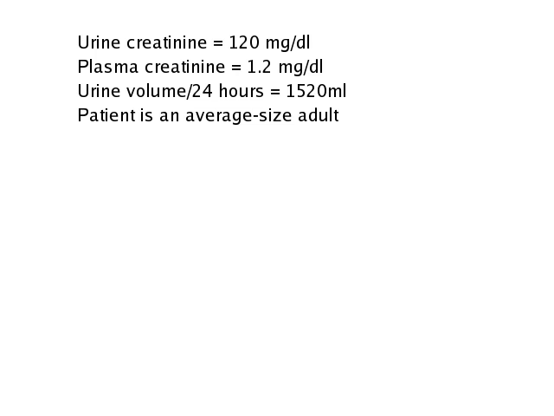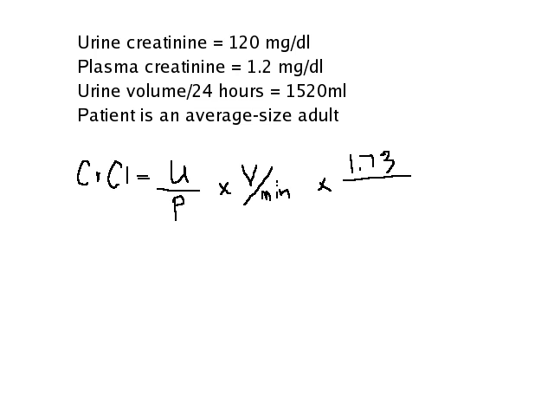Okay, so we need to calculate the creatinine clearance given these numbers. The patient is an average size adult. The creatinine clearance is that urine creatinine value divided by the plasma value, multiplied by the urine volume per minute, multiplied by 1.73, which is a constant, and that is an average adult.